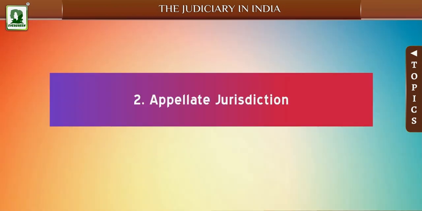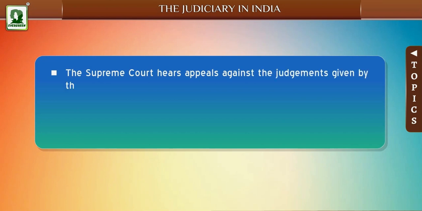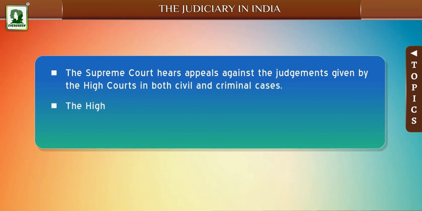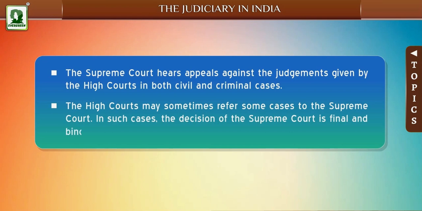Appellate jurisdiction. The Supreme Court hears appeals against the judgments given by the High Courts in both civil and criminal cases. The High Courts may sometimes refer some cases to the Supreme Court. In such cases, the decision of the Supreme Court is final and binding.